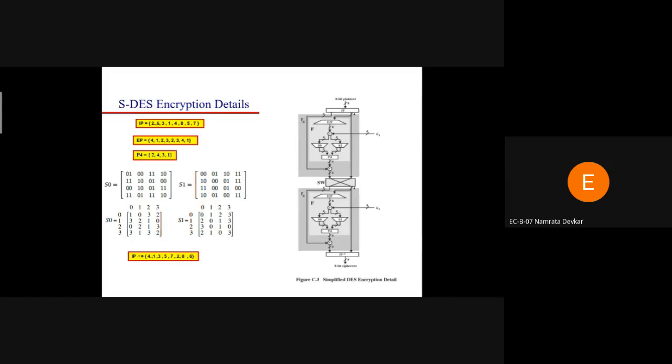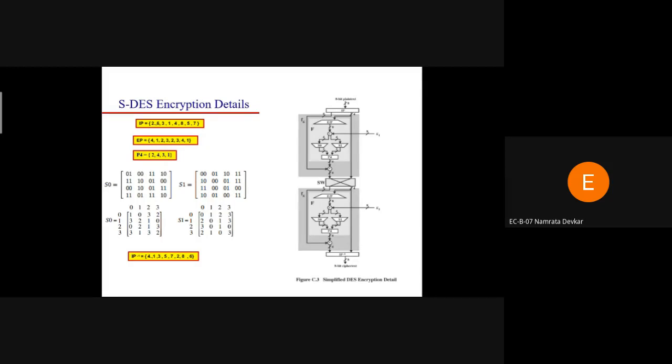By using particular bits, we first do the initial permutation on the plaintext. Initial permutation simply means we have to rearrange our plaintext. The bits for the SDES initial permutation are 2 6 3 1 4 8 5 and 7.